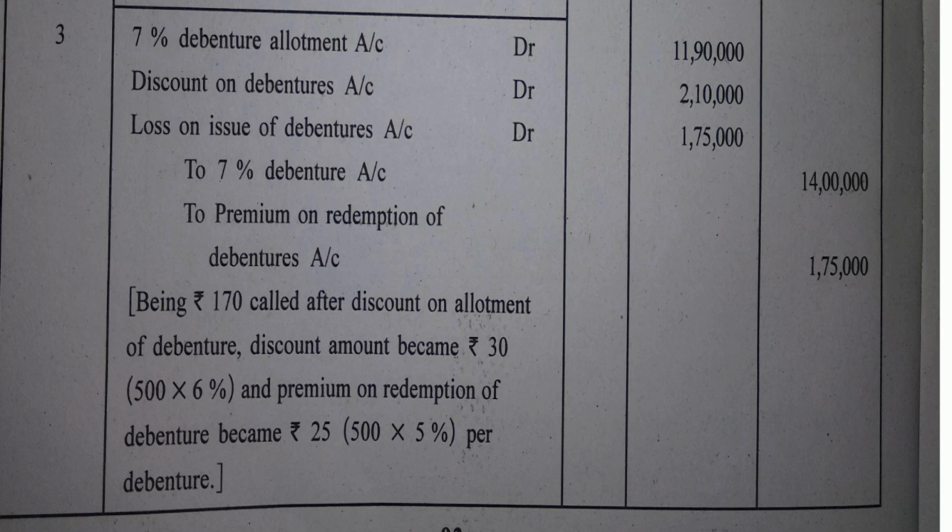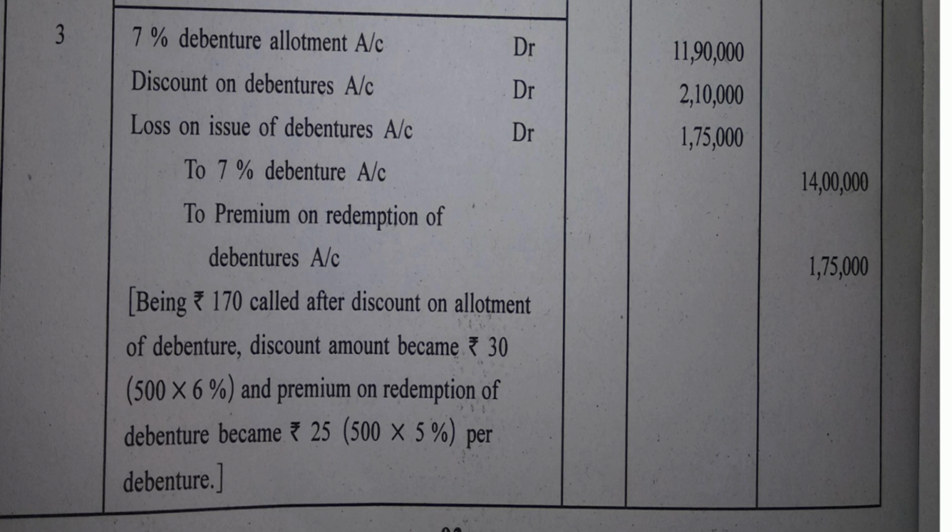To 7% debenture account, 14 lakh. How? 7,000 into 500. To premium on redemption of debentures account, 1,75,000 again.